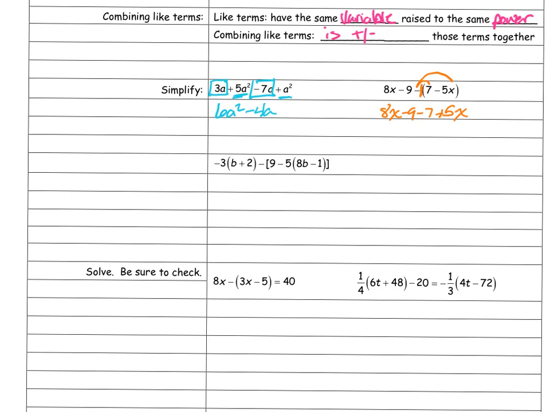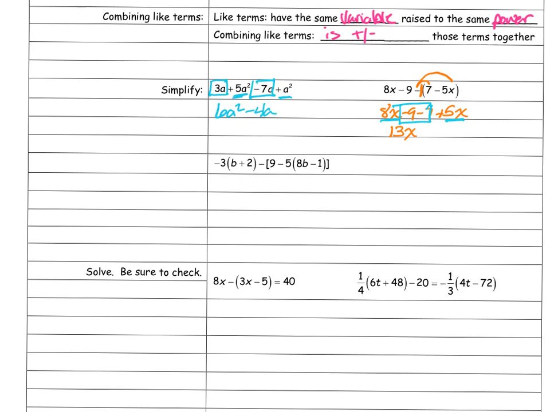And now I'm going to do exactly what I did on the last problem. I'm going to combine my like terms. So I have an 8x and a 5x, and then I have a negative 9 minus 7. Sorry about that, I cut off my 7 there. But I just want to pause for a second. Well, let's do this. 8x plus 5x is 13x. And then I want to pause for a minute because some people say, well, negative 9 and negative 7 are not the same, but they are.